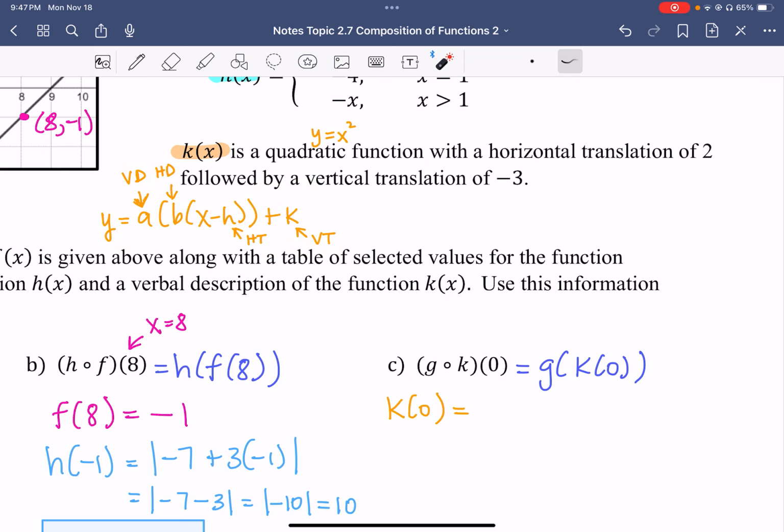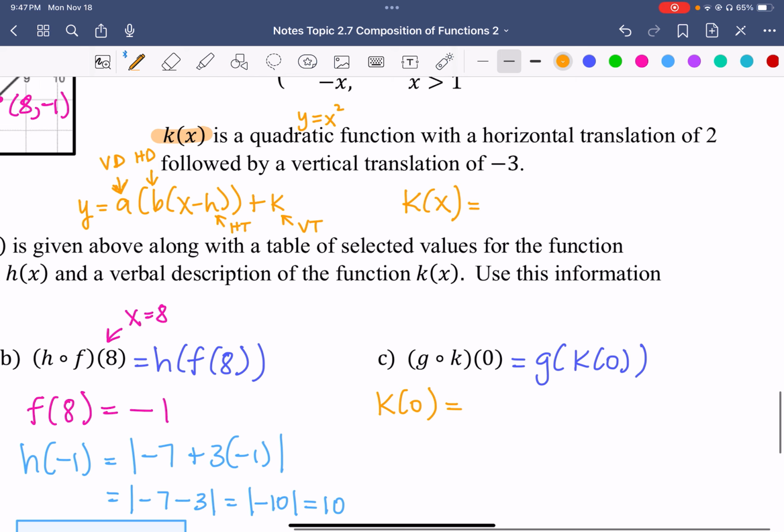Okay, so for k of x, I don't have an a and I don't have a b because they didn't tell me I have any dilations. So I can go straight in, start my parentheses with x, and we have a horizontal translation of 2. Now this is a positive 2, and remember that everything inside is always the opposite.